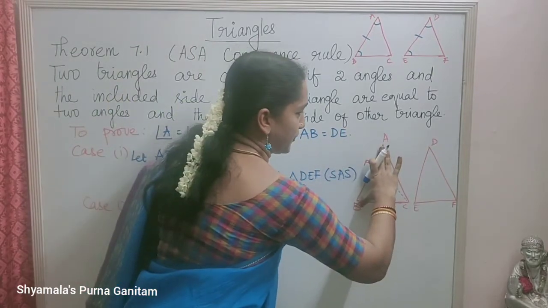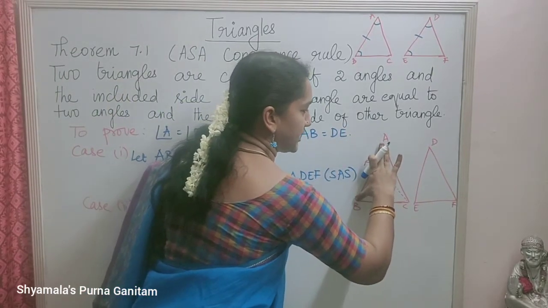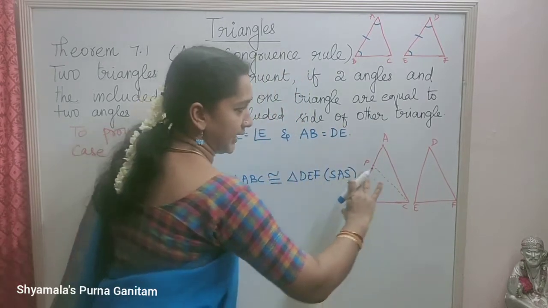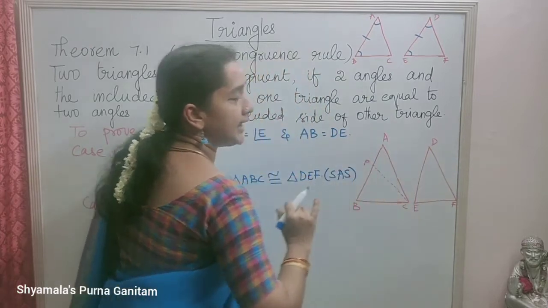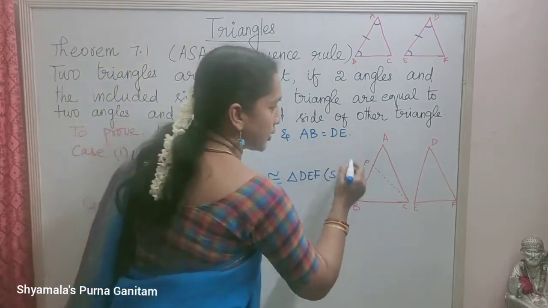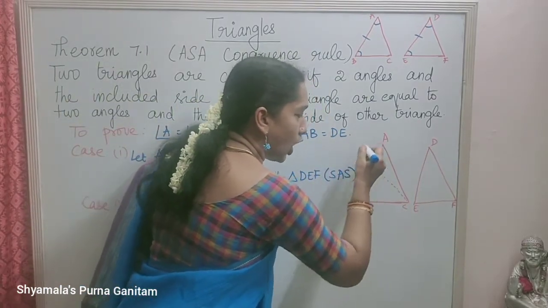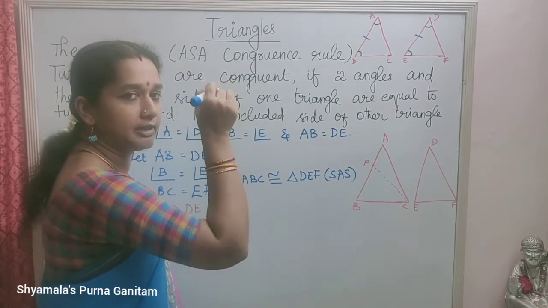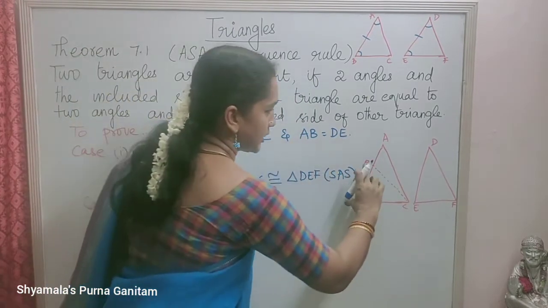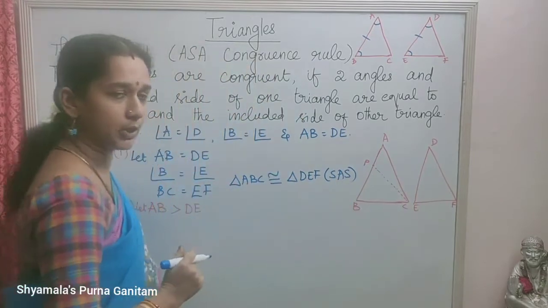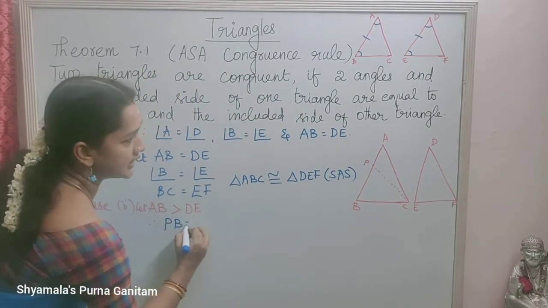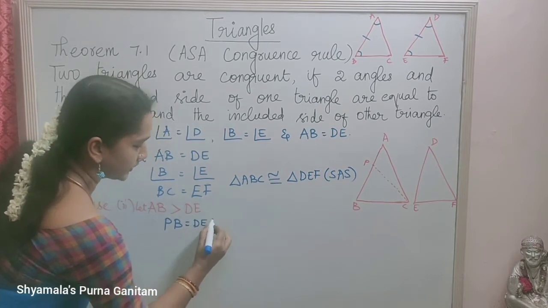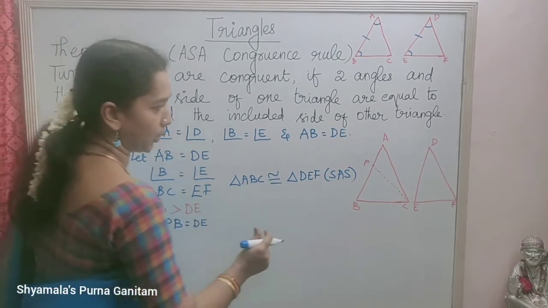For example, if AB is 5 centimeter and DE is 4 centimeter, you are keeping a point on AB at 4 centimeter. So PB is equal to DE.